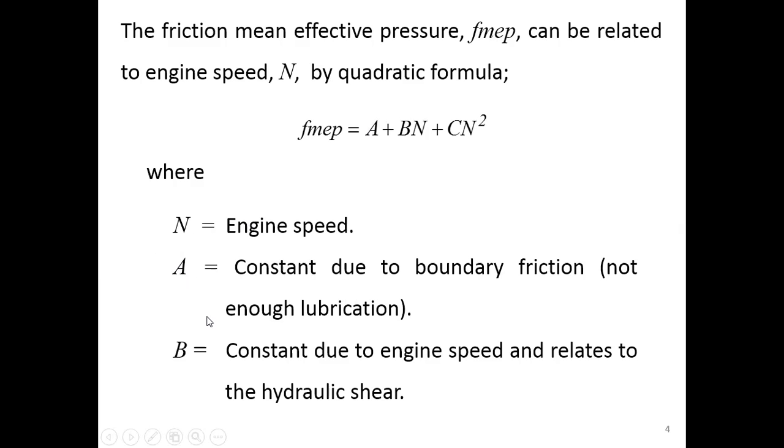The letter B is a constant related to the engine speed and the hydraulic shear, because the constant B is multiplied with the engine speed, and the velocity of the lubricant, which determines the hydraulic shear, depends on the engine speed.